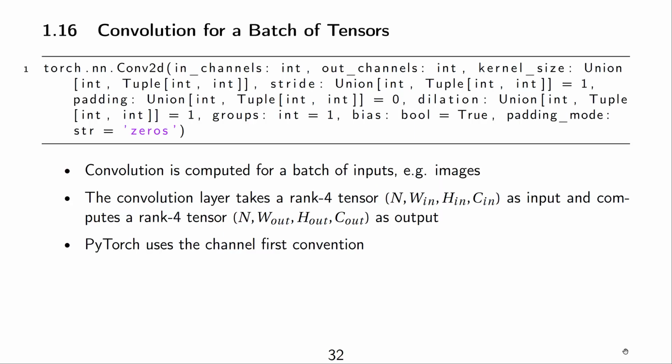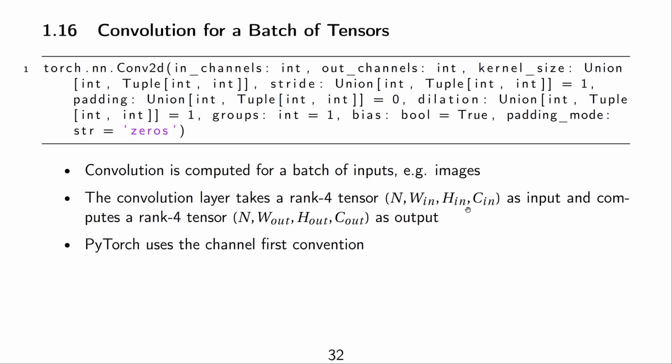So in the PyTorch documentation, you will see a lot of different parameters that you would need to look up. The one thing I wanted to highlight is that the convolutional layer needs to take a batch of rank 3 tensors as input, and this batch of rank 3 tensors is organized as a rank 4 tensor.